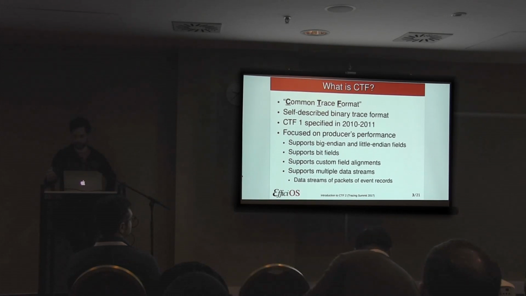You can have 27 bits, for example, a little endian integer followed by a 5-bit integer before a 32-bit word. It supports custom field alignments, so that the tracer does not need to do special alignment while tracing. And it supports multiple data streams. So usually a tracer will output one stream per CPU, to avoid any form of packet concatenation of different streams.